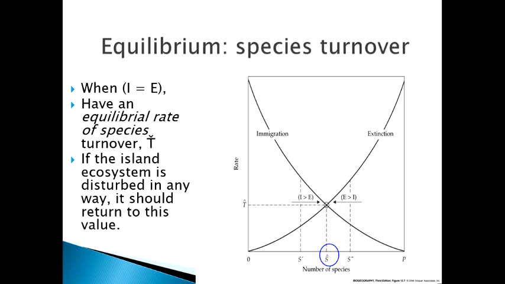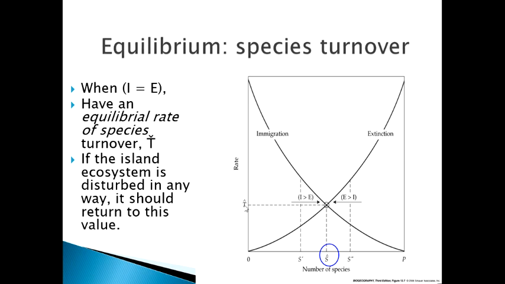What causes this equilibrial number of species is a very particular rate of turnover, the third pattern that MacArthur and Wilson incorporated into their model. And so they have defined something as the equilibrial rate of turnover, or T hat, which is over here.